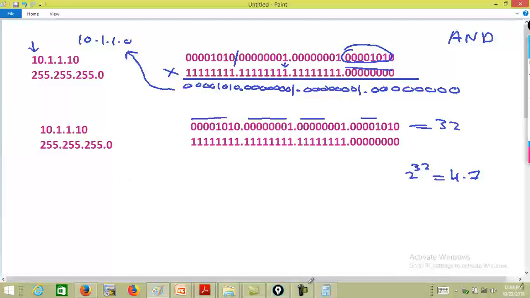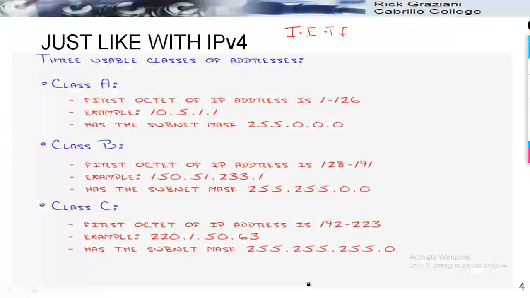So without the intervention and management of the IETF, we would have run out of IP addresses by now. So they came up with these 3 classes. Their vision here was that a class A will give you the highest number of hosts, the biggest network.